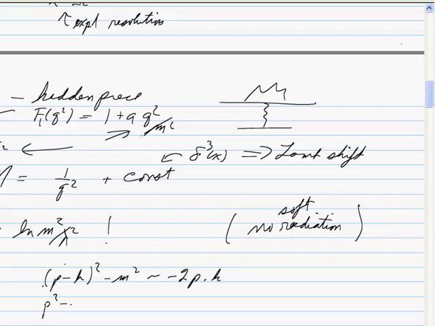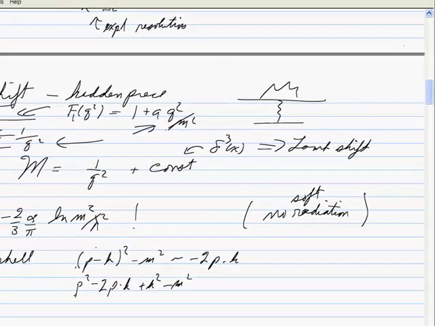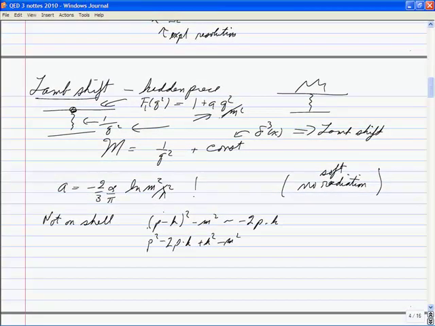And this again was p squared minus 2p dot k plus k squared minus m squared, and we set p squared equal to m squared. But here we're in a bound state. Here, the energy is the mass minus the binding energy.